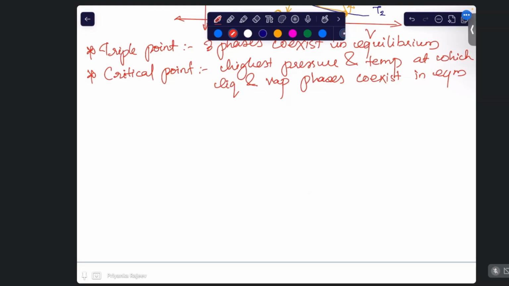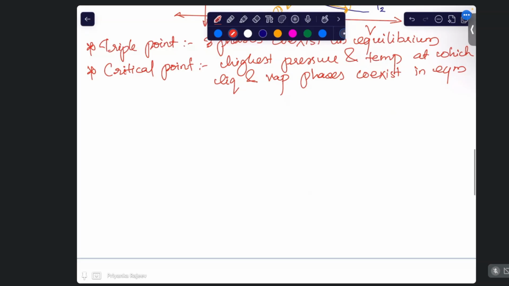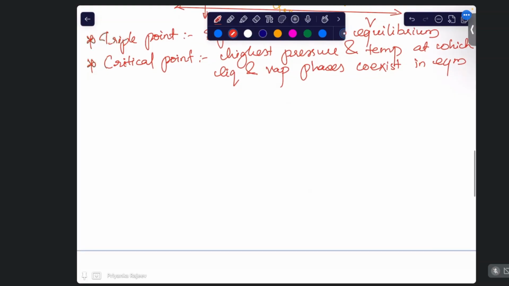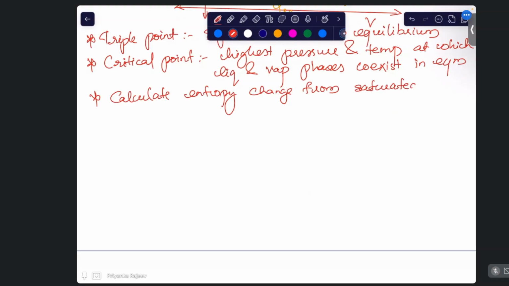Now, another equation to calculate entropy change from saturated water to superheated steam condition.